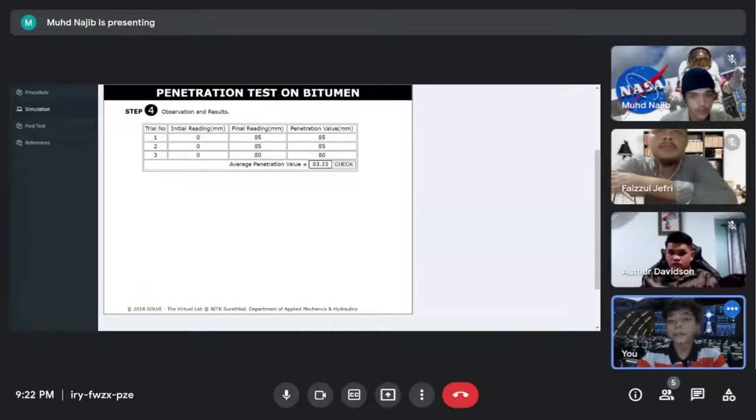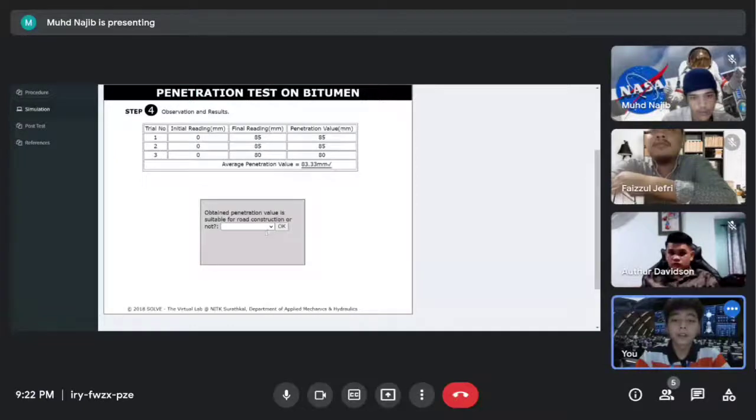For the penetration value, trial number 1 and 2 still have the same value of 85 mm, while trial number 3 has a penetration value of 80 mm. In order to get the average penetration value, we need to add all the penetration values and divide by 3. So the result will be 83.33 mm.